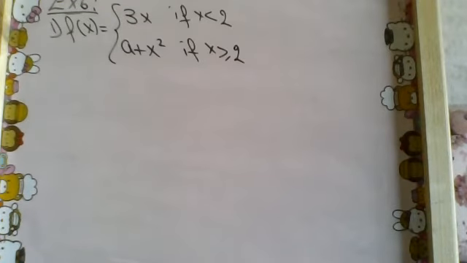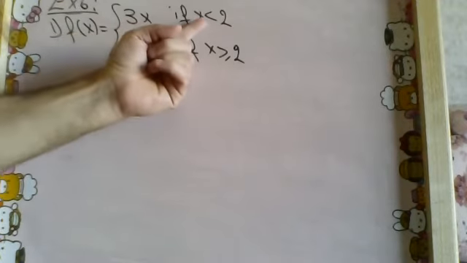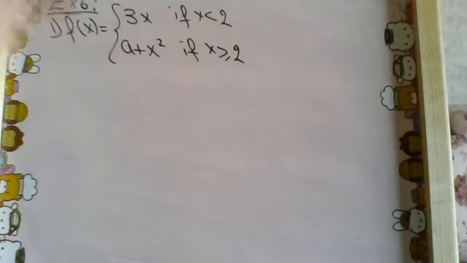Polynomial functions are continuous over R. Rational functions are continuous on their domain. Radical functions are continuous on their domain. All the functions you already know are continuous over their domain. In particular here, if x is less than 2, it is a polynomial function, so continuous.